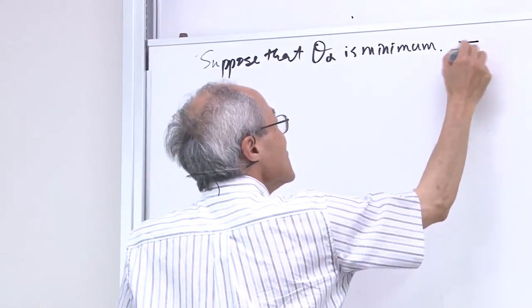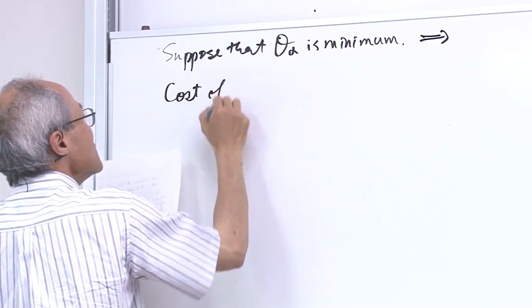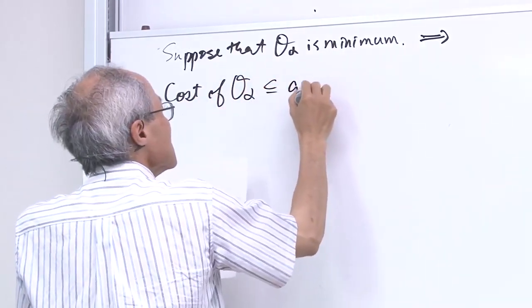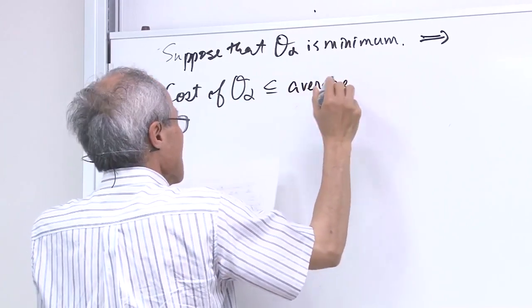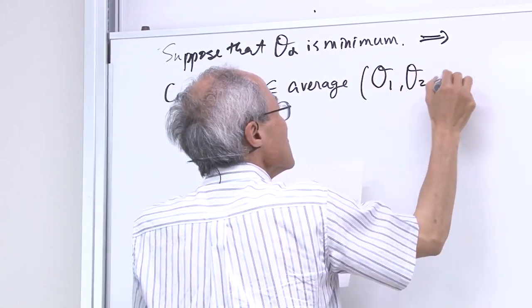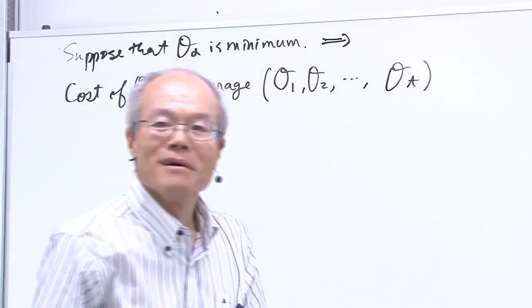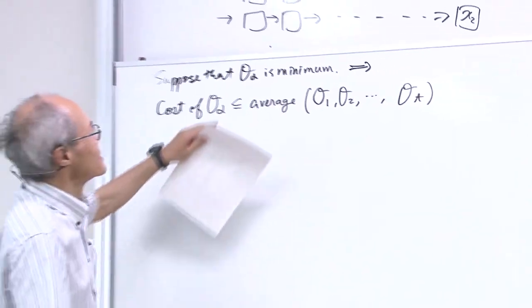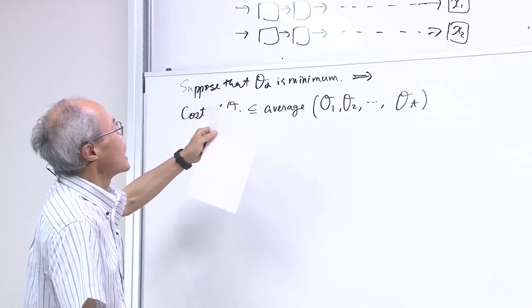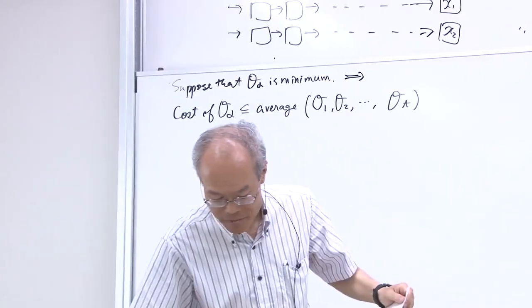Then cost alpha is... suppose that this cost, I'm sorry, something's missing.